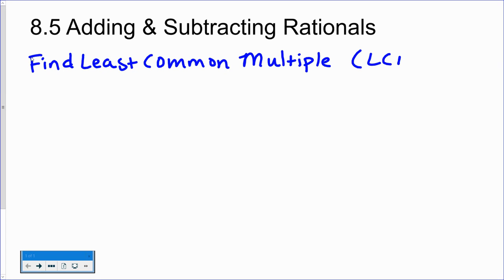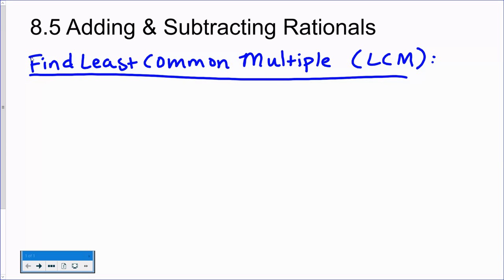Or LCM. All right, to do that, you will need to factor the expressions completely.